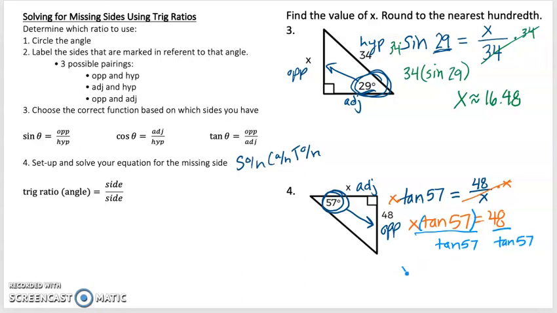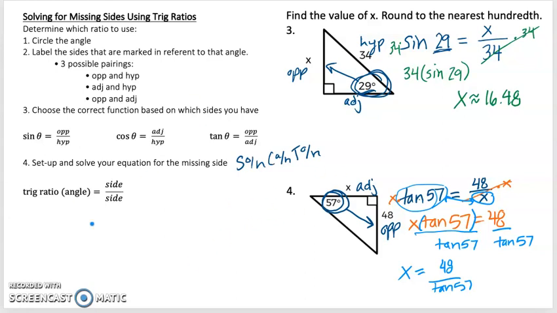If we look at how this ended up, we can see that basically the x and the tangent 57 just switched places from how they were originally. So you can use that shortcut if you want. It's up to you. It's a bit faster. But this is really why it works: we're multiplying by x and dividing by tangent of 57.